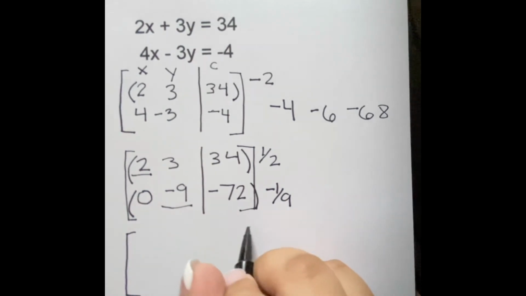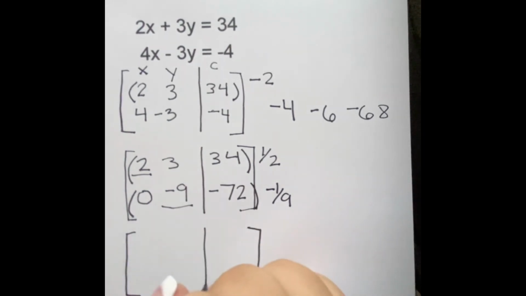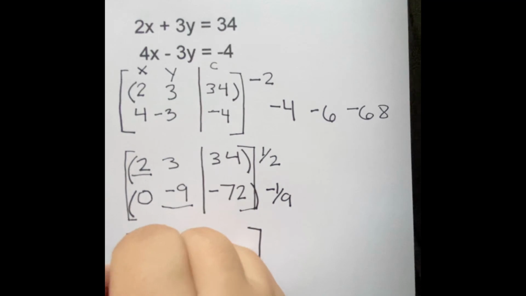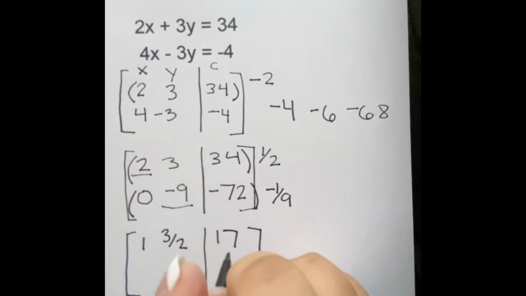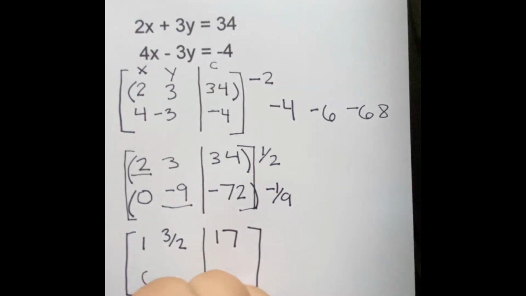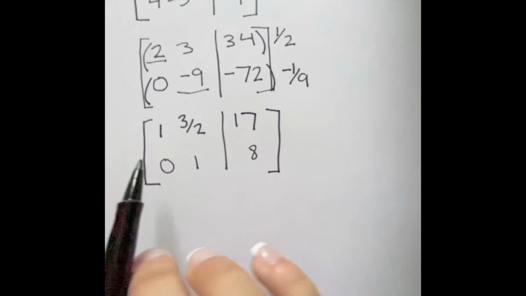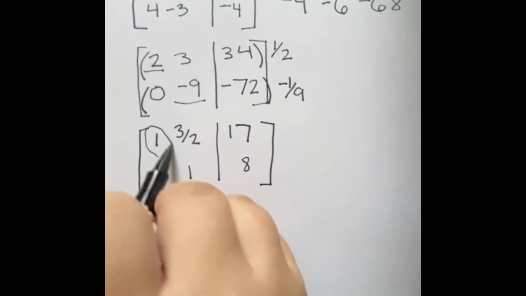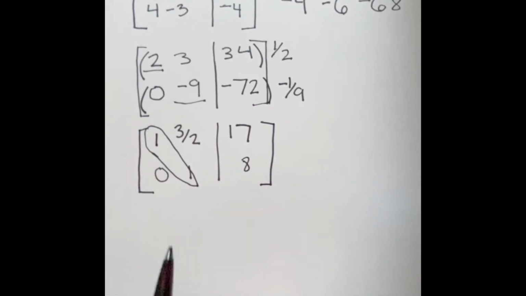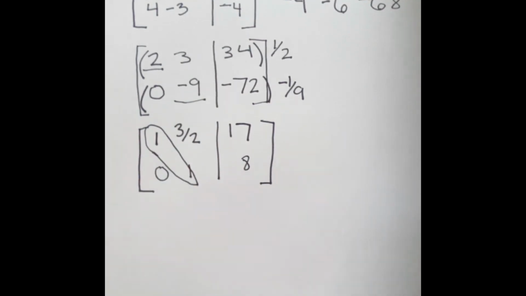I'm going to rewrite this in the matrix below. So this will get us 1, 3 over 2, and 17. This will get us 0, 1, and 8. So we now have row echelon form because we have 1s and our 0 underneath the diagonal of 1s.